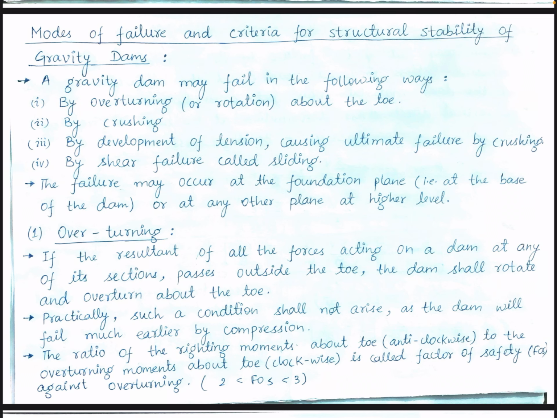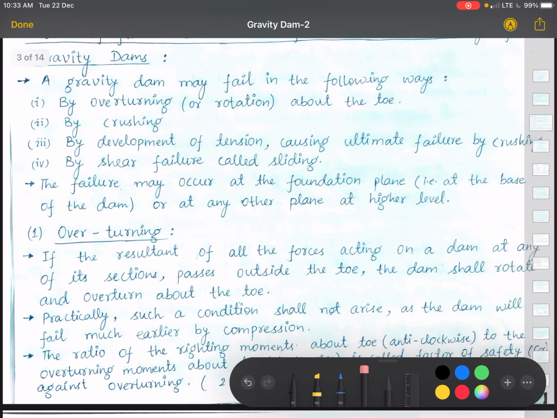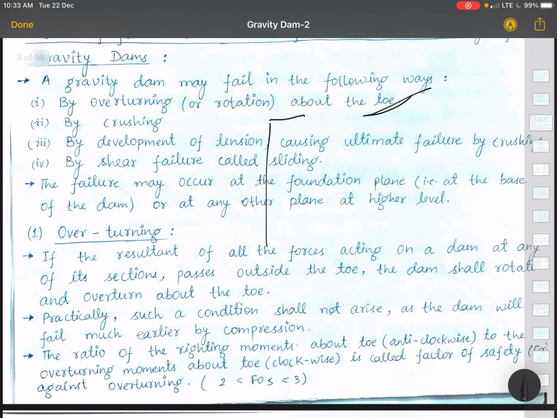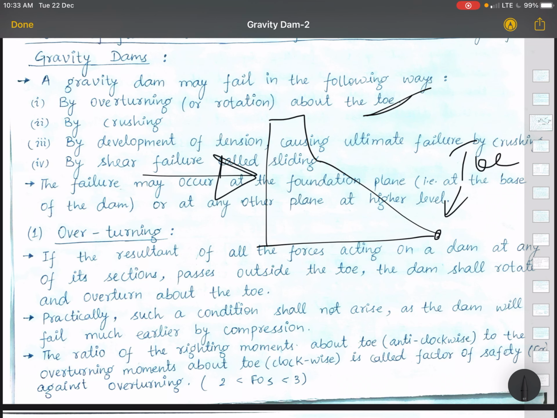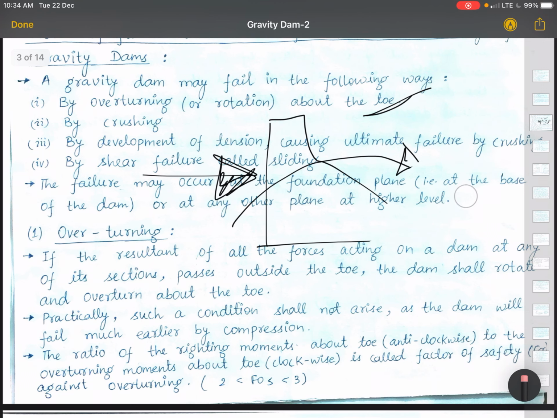A gravity dam may fail in the following ways. First is by overturning about the toe. If this is a dam, this is the toe. If the force is very huge, it will overturn. This is the most critical point; if this is safe, the other points will be safe. So overturning or rotation can be one type of failure.